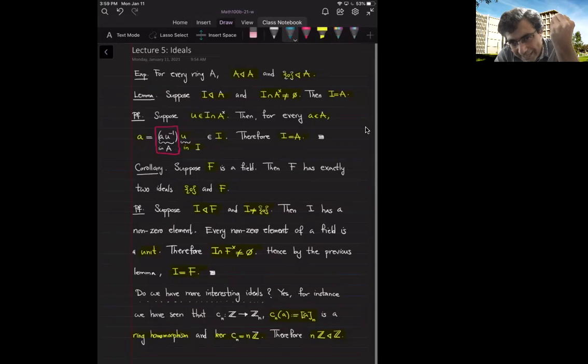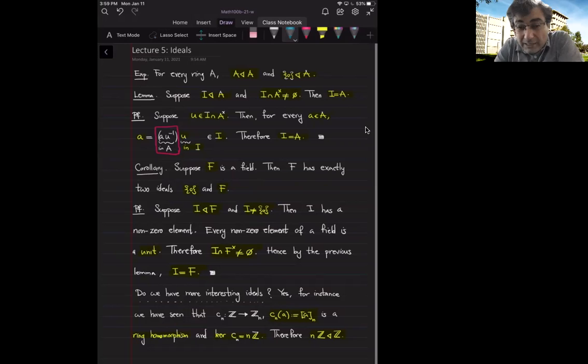When u is in I, all multiples of u are inside I. But I give you an arbitrary element a inside the ring. Can it be a multiple of u? Can I write it as u times something? And the answer is yes. This u times something equals a has a solution because u is a unit. I can write a as a times u inverse times u. And because u is inside I, I deduce that a is inside I, therefore I is everything.